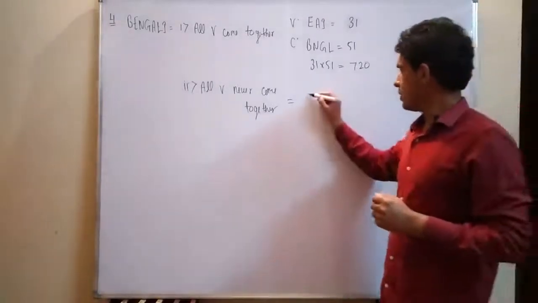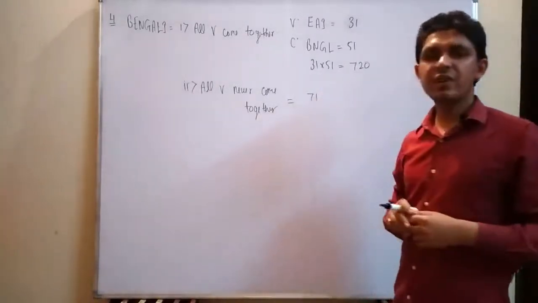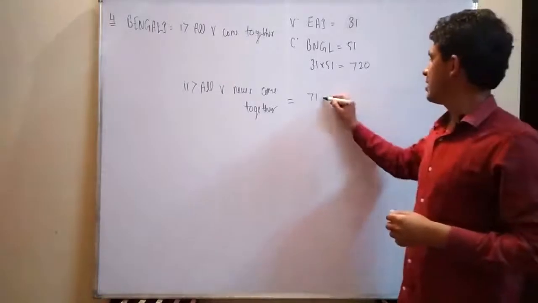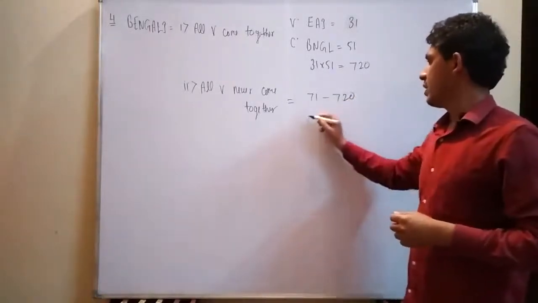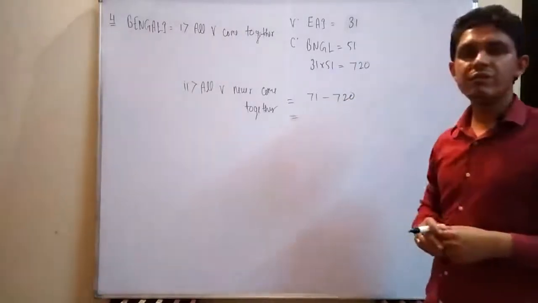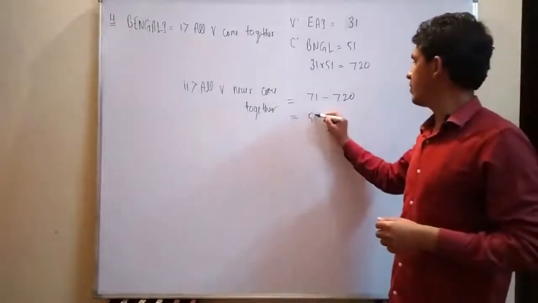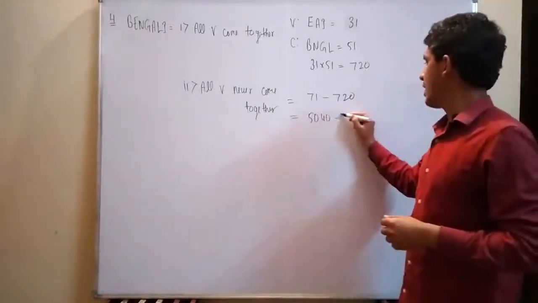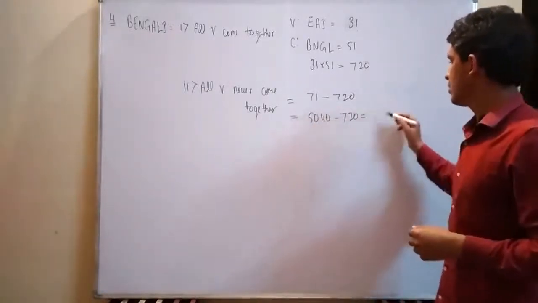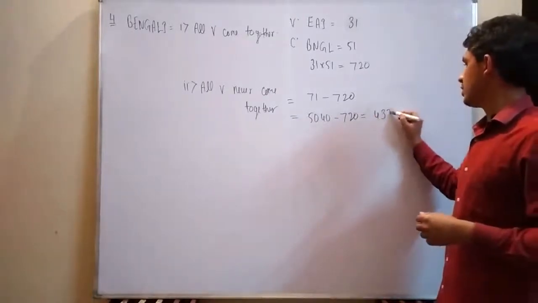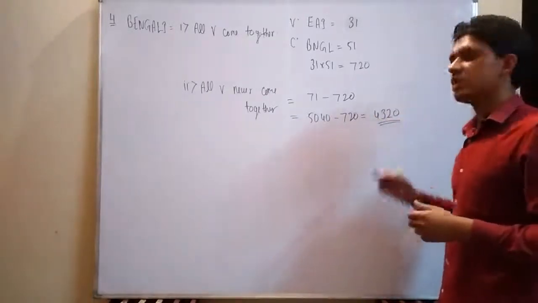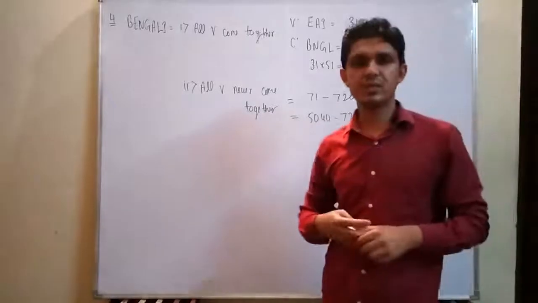So the total number of arrangements is factorial 7 minus 720. The value of factorial 7 is 5040, minus 720. So this will simply be 4320. So the answer will be 4320.